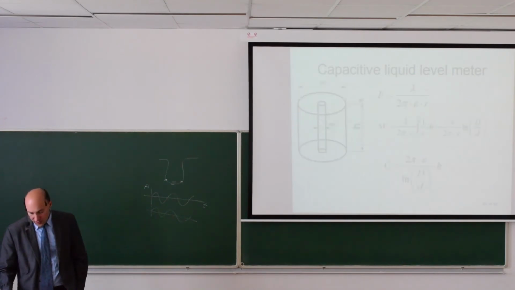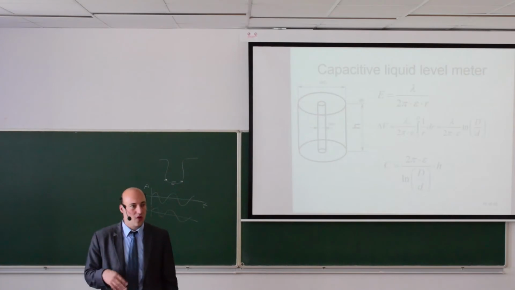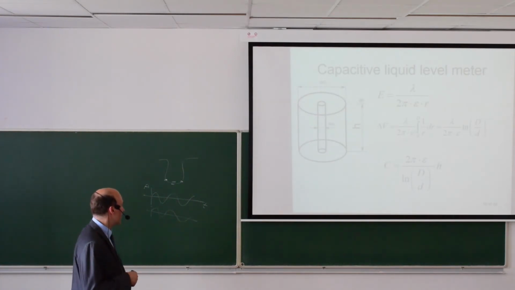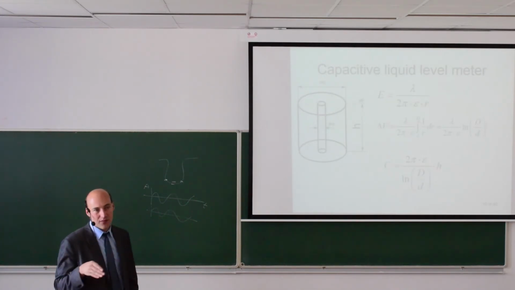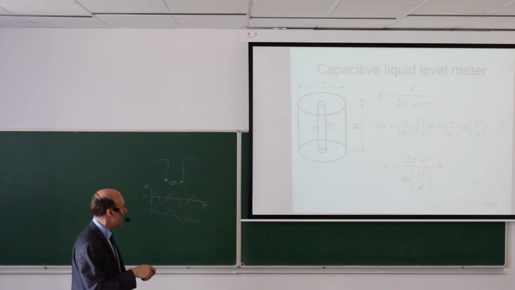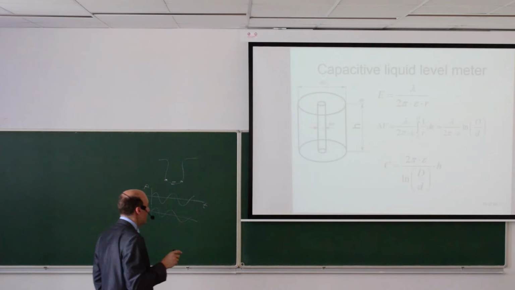For circular capacitors, the equation for capacity is a little bit more complicated, but it follows the same structure. The capacity depends on the material, here epsilon 0 times epsilon r. It depends on the height and depends on the distance between the electrodes.